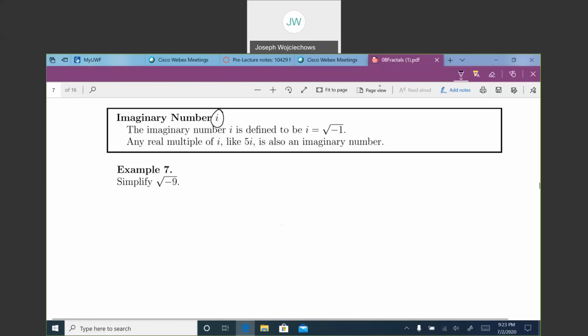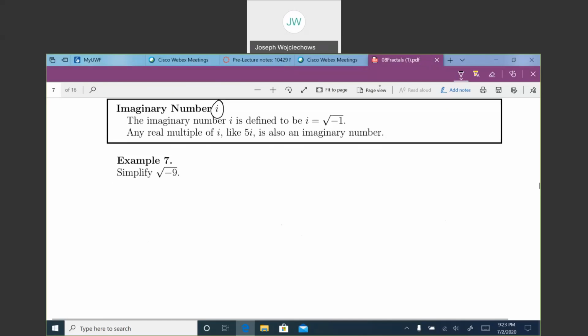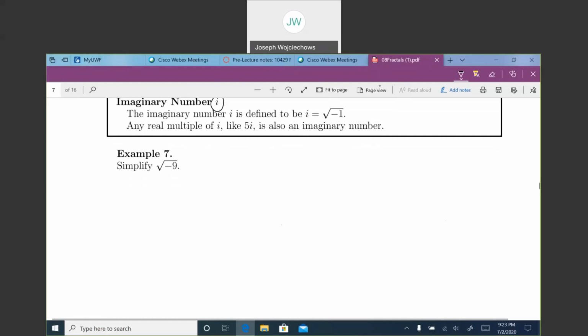So let's simplify square roots. Now, I don't know how many of you have had before calculating square roots, but the square root of -9 is essentially the square root of -1 times the square root of 9, right? -1 times 9 is -9.